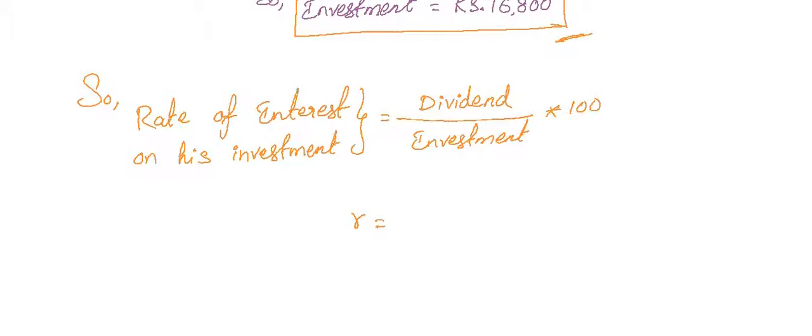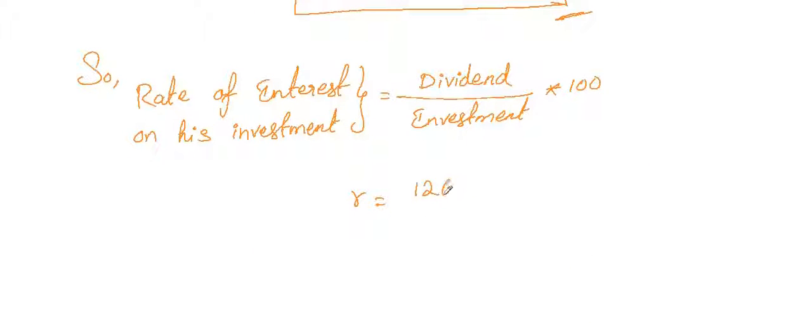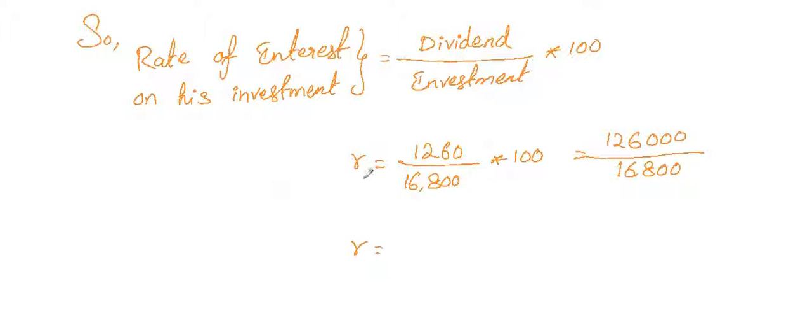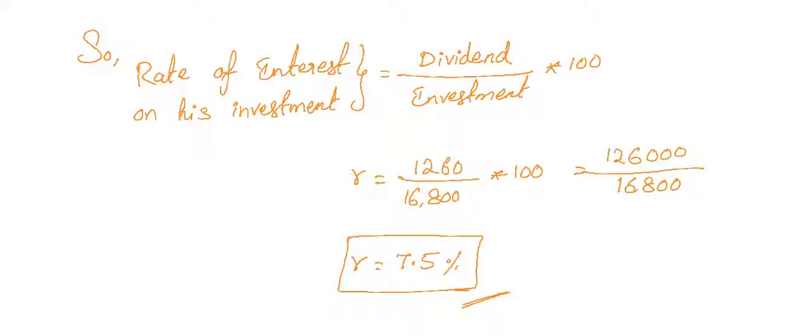So the dividend value is 1260 and the investment is 16,800, into 100. If you simplify this, 1,26,000 divided by 16,800, we'll get 7.5%. So the rate of interest on his investment is 7.5%.